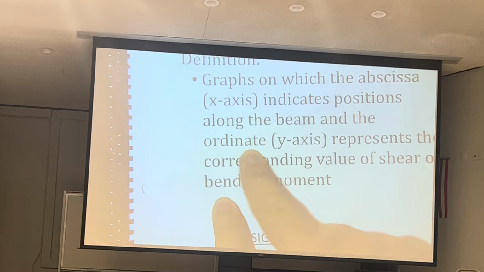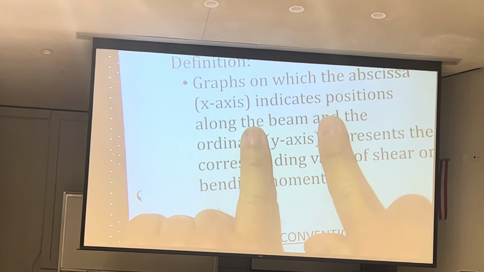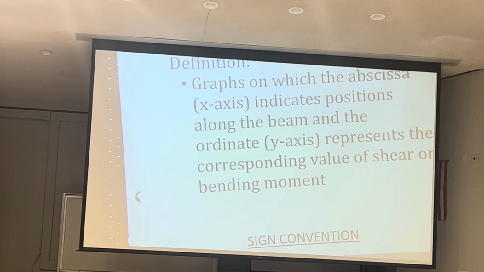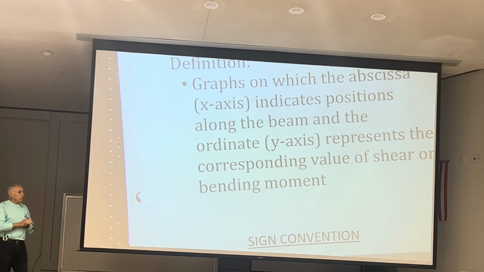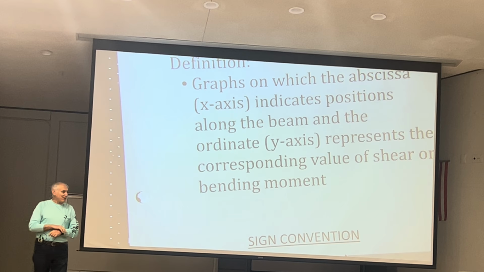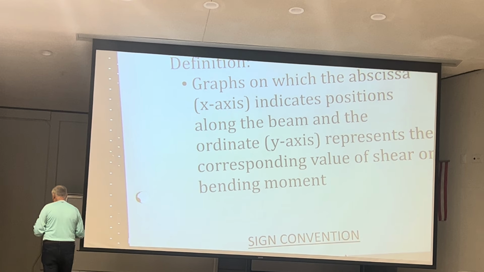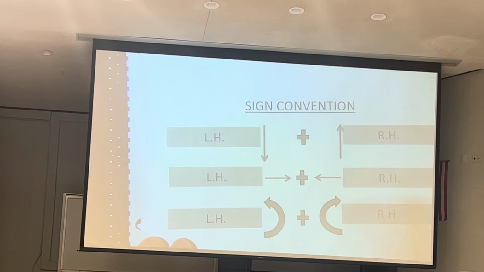The ordinate, the fancy way of saying the y-axis, represents the value of the shear or the bending moment. So if you want to use fancy words, abscissa and ordinate would be the words to use for x and y.